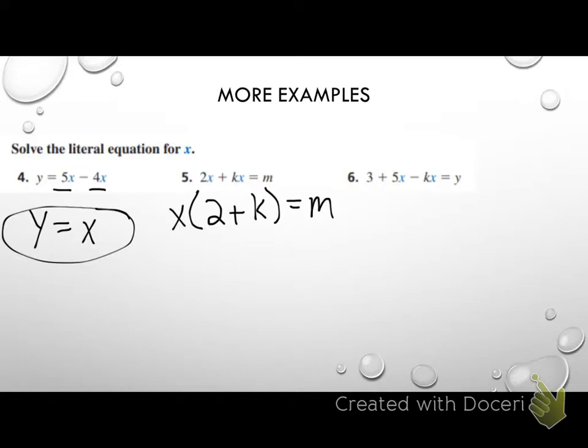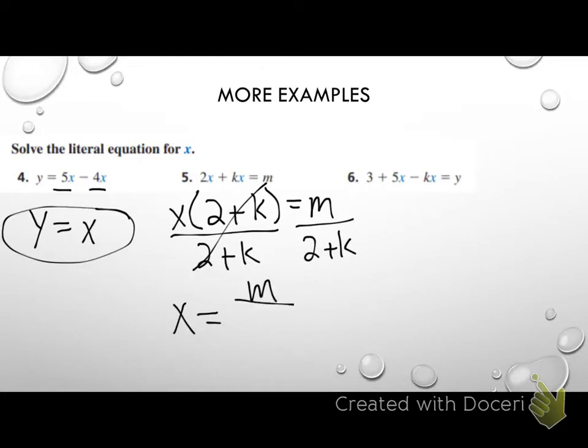Yep, since I'm solving for x, I want to get that 2 plus k on the other side. And once again, since it's x times 2 plus k, I need to divide both sides by 2 plus k. So x equals m over 2 plus k. There's my answer.